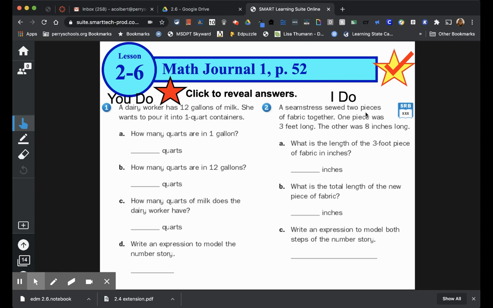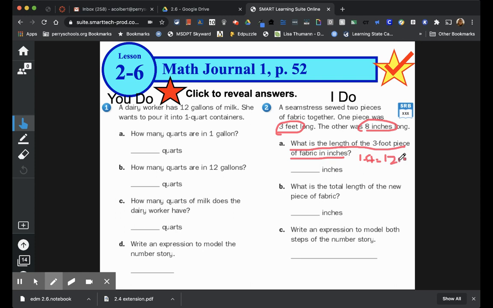A seamstress sewed 2 pieces of fabric together. One piece is 3 feet long. The other was 8 inches long. What is the length of the 3-foot piece of fabric in inches? So what I need to do is think about my conversions, and I know that 1 foot equals 12 inches.